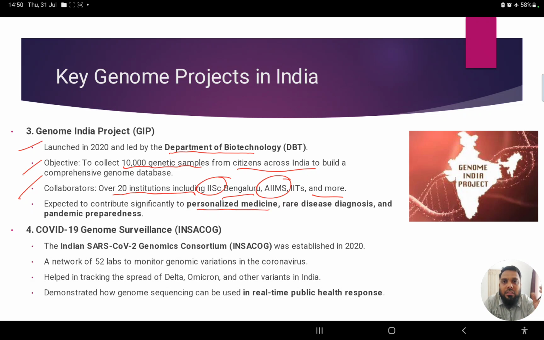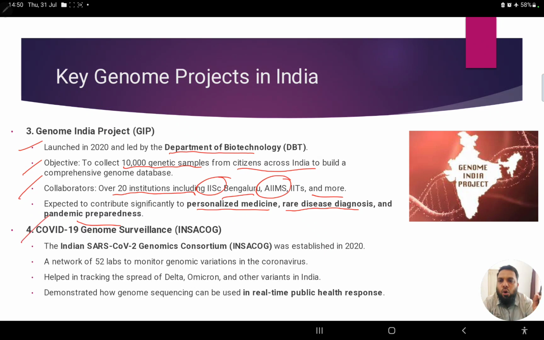Therefore, personalized medicine is possible, is happening today, and also it's highly possible in future, so that a lot of people can avail this particular feature. Again, rare disease diagnosis can also be done, and again pandemic preparedness.